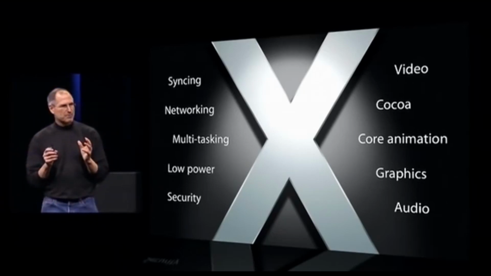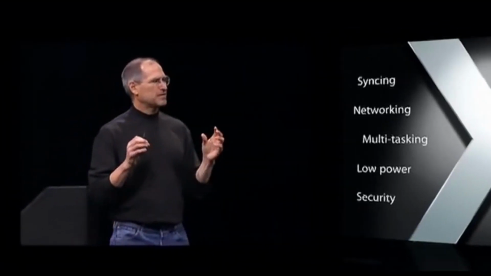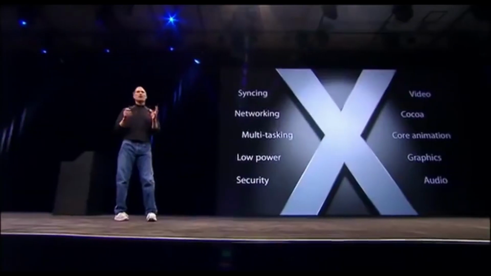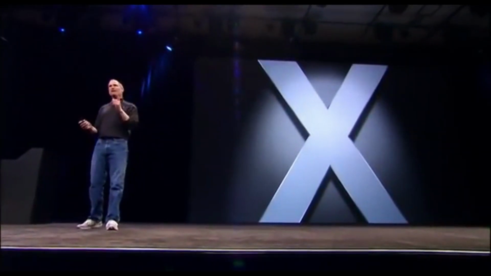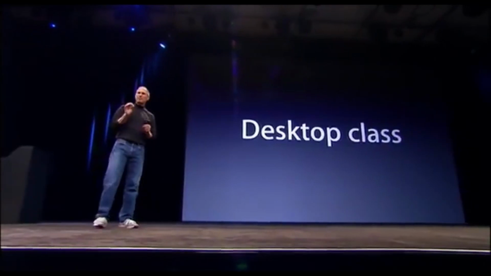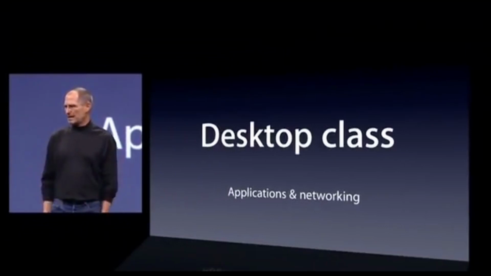And to write apps, it's got everything from Cocoa and the graphics, and it's got Core Animation built in, and it's got the audio and video that OS X is famous for. It's got all the stuff we want, and it's built right in to iPhone. And that has let us create desktop-class applications and networking, right? Not the crippled stuff that you find on most phones. This is real desktop-class applications.